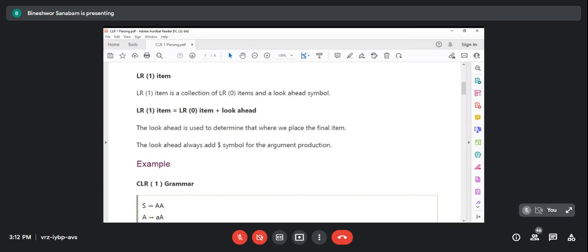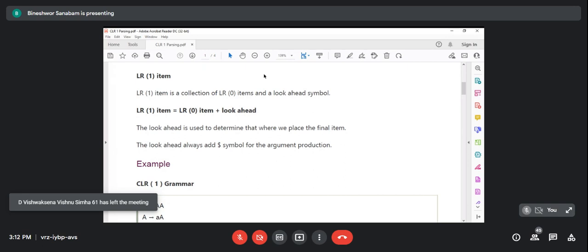Okay, so I was talking about the new parsing, that is CLR1 parsing, which is almost similar to the previous two parsings. The only difference is we are going to work with LR1 items. An LR1 item is nothing but an LR0 item together with a look ahead symbol.